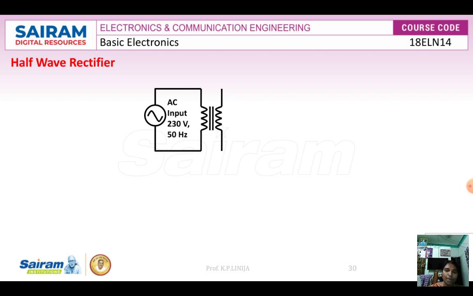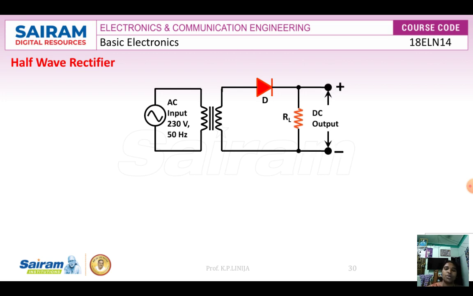Followed by this transformer, the circuit is built using a diode, represented by D. The other end of the diode is connected to the load resistance, represented by RL. Now one end of the transformer and the other end of the resistor are connected.